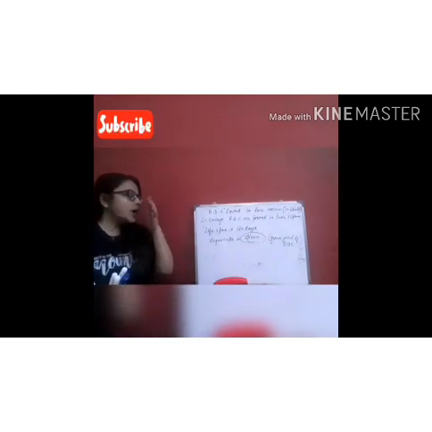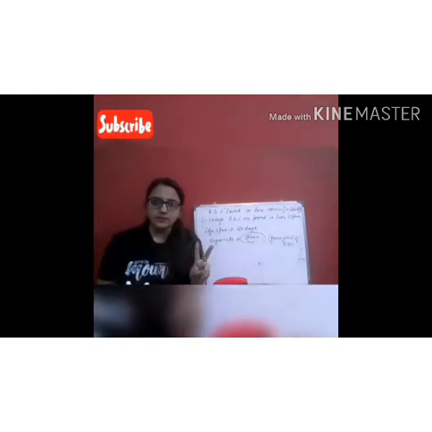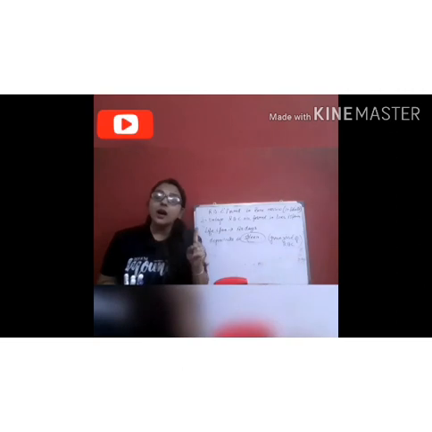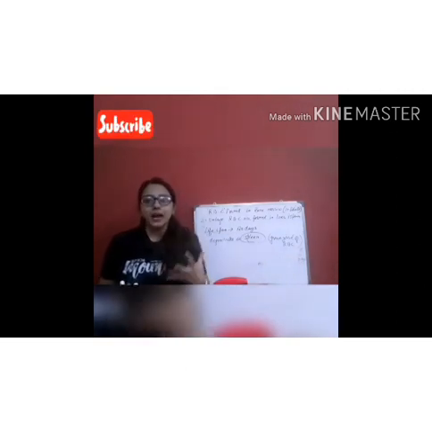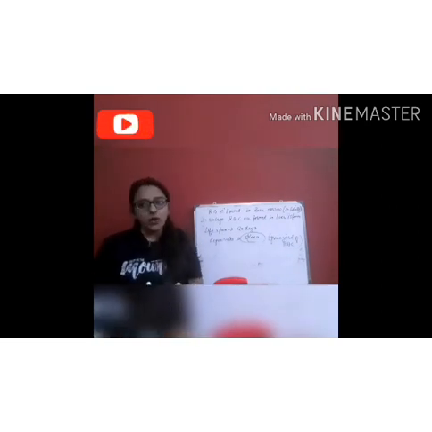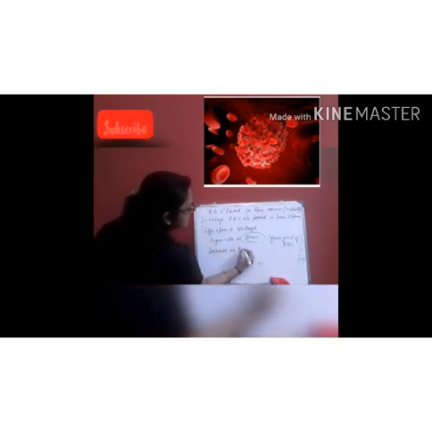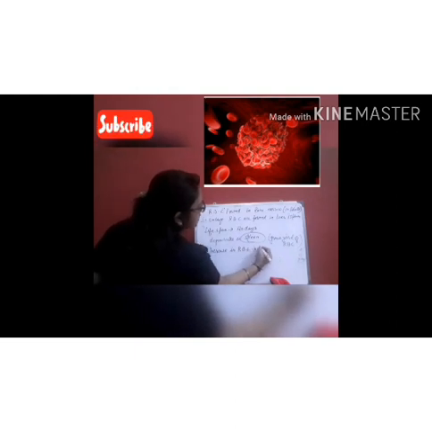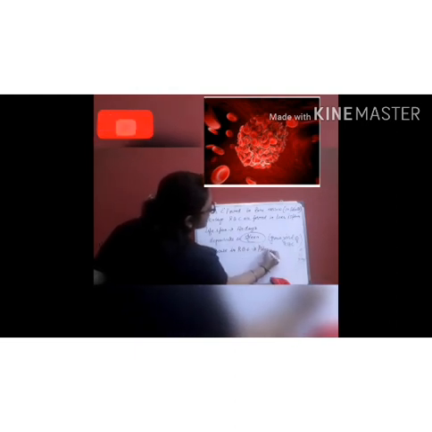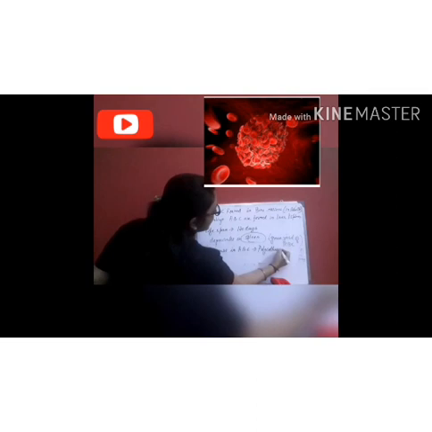Now two conditions. The first is an abnormal increase in RBC inside our body. This condition is called polycythemia.